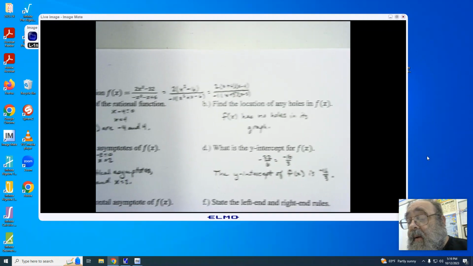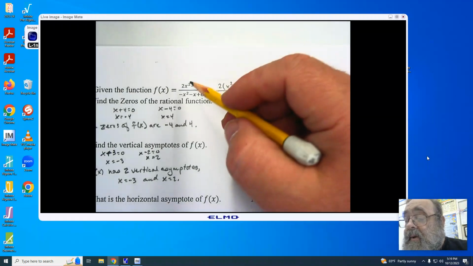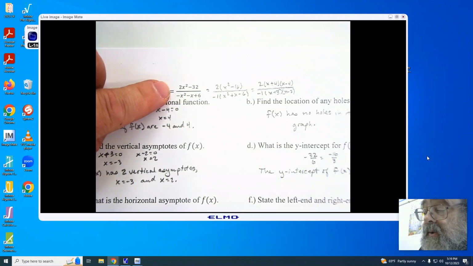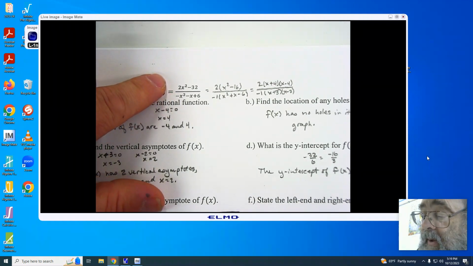All right, our horizontal asymptote. Here we go to our long division. So we're looking at negative x squared minus x plus 6 divided by 2x squared plus 0x minus 32. And we take 2x squared and we divide by negative x squared.